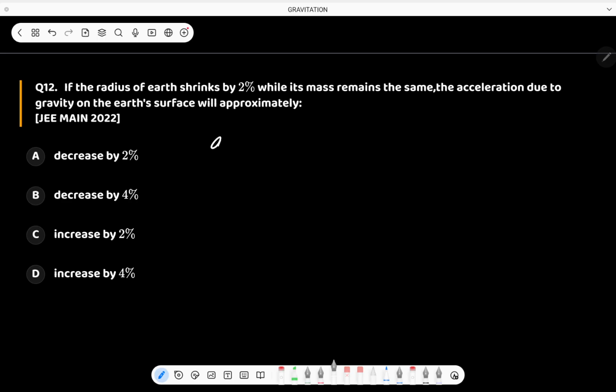देख ले बेटा, acceleration due to gravity I will have to write it in terms of mass and radius. That means g is proportional to m by r square. Can I write like this? This acceleration due to gravity is inversely proportional to the square of the radius, because it's mentioned in the question that the mass of the planet remains same.